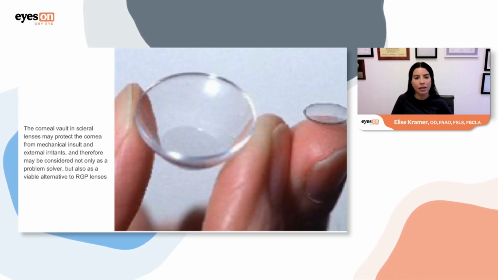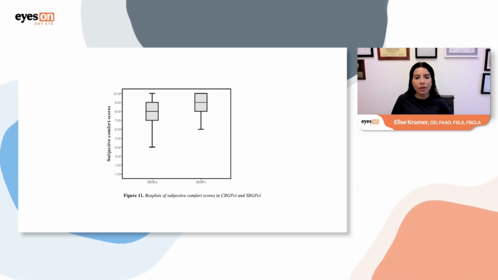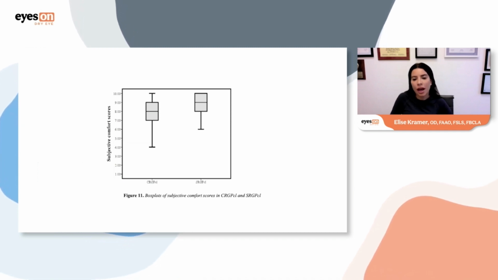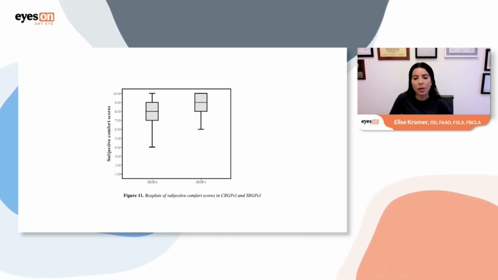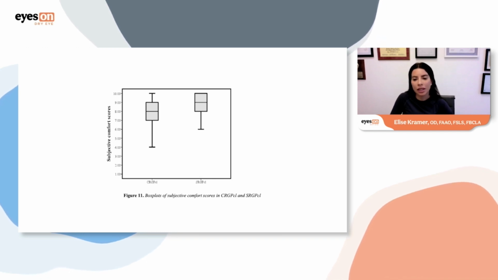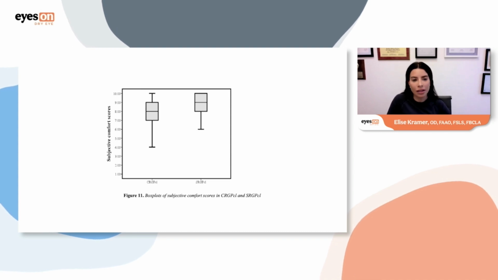So this study was done by Levitt in Europe, showing that corneal rigid gas permeable lenses are actually less comfortable subjectively than scleral lenses, so larger diameter lenses.